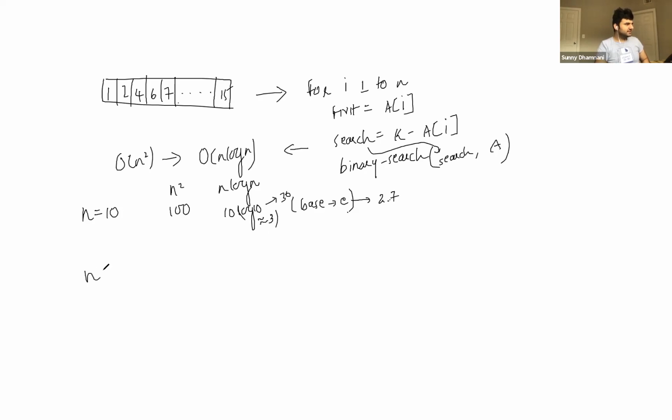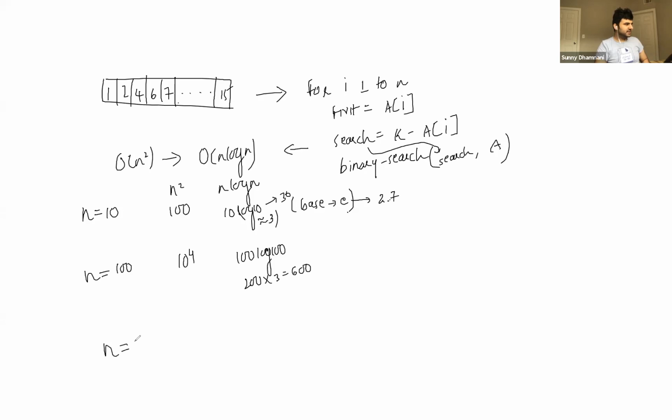Let's increase n. Let's put n as 100. So this will be 100 square, that would be 10 power 4, and this would be 100 log 100, so 200 into 3, which will be around 600.